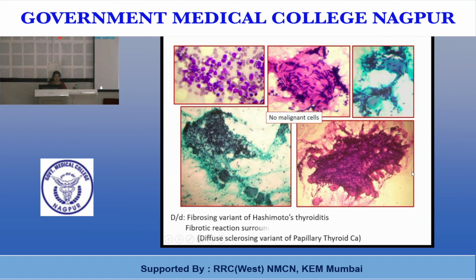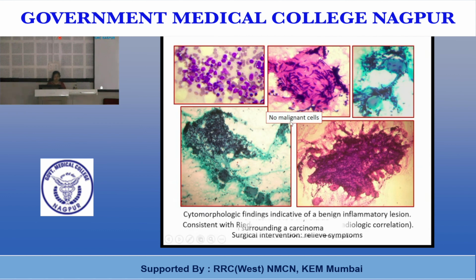Now first we also searched for malignant cells. There were no malignant cells anywhere. So first we thought of a fibrosing variant of Hashimoto's, but Hashimoto's does not have this extracapsular extension. Then we thought, is it a fibrotic reaction surrounding a carcinoma? But there were no malignant cells seen. So correlating the whole thing, we gave it as consistent with Riedel's thyroiditis with an advised clinico-radiologic correlation.